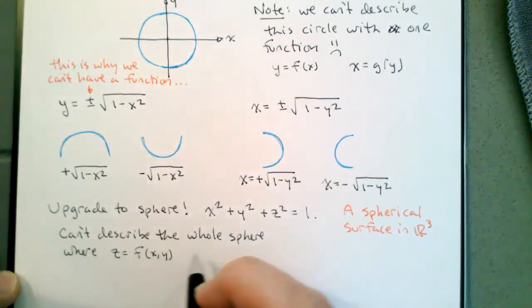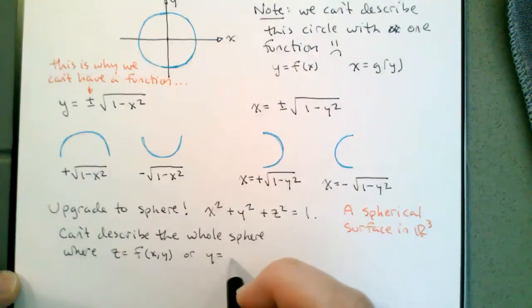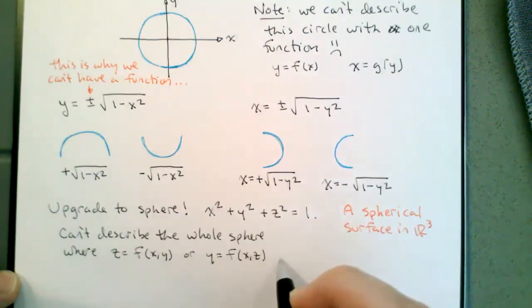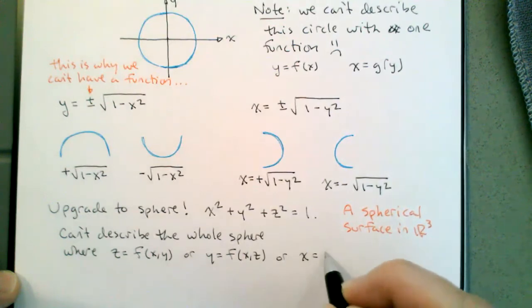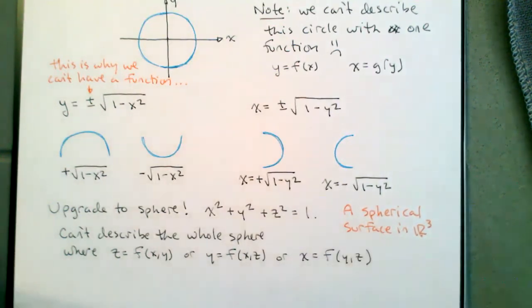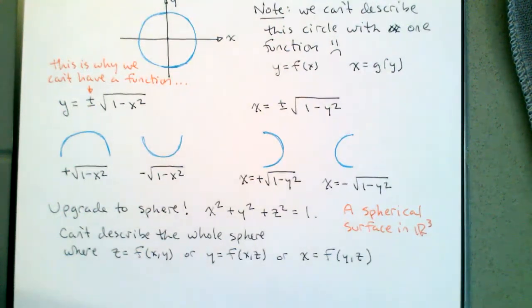And we're going to do the same things, but instead of just 2 choices, we have 3 choices. I can't solve it for z, I can't solve it for y, I can't solve it for x in one function. Once again, it's because the x squared, the y squared, and the z squared are all being squared. So when we solve, we're going to introduce those square roots, which means if we want to get everything, we've got to have a plus or minus.